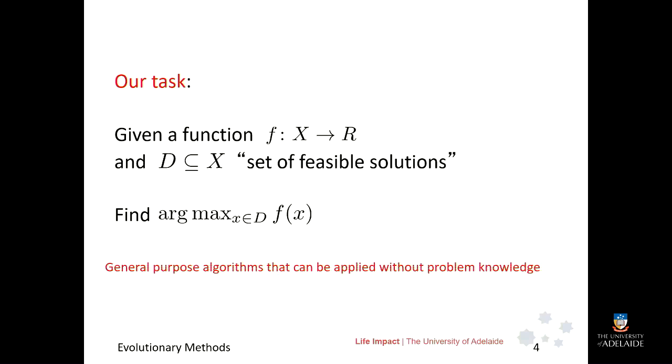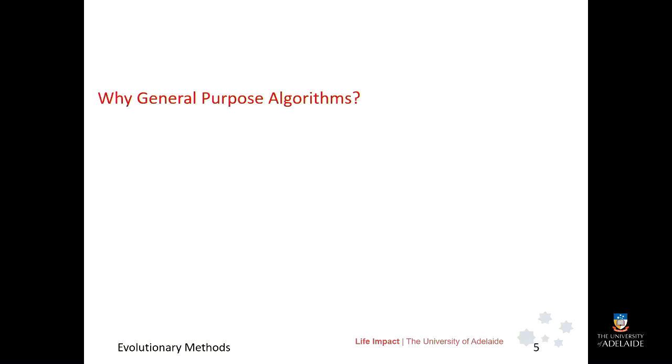Okay? So what we are doing is we are looking into what I call general purpose algorithms that can be applied without too much problem knowledge. So you don't assume that the stuff is convex, you don't assume anything at all, so still, what can you do? Okay? And the question is, why do you need these algorithms?